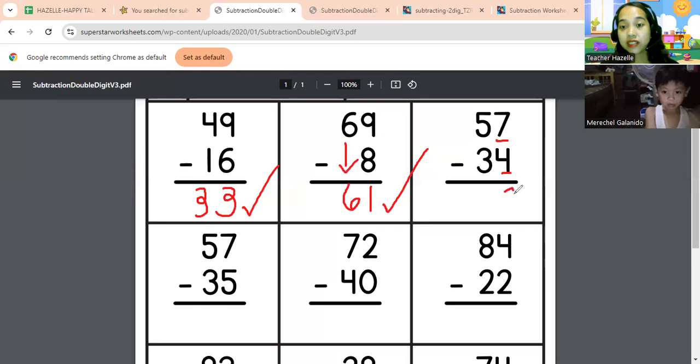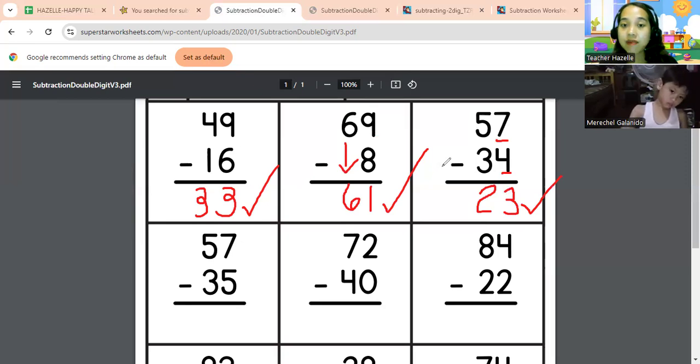And then 5 minus 3 equals? 2. Very good, Ivan. You got the correct answer. 57 minus 34 equals how many? 23.